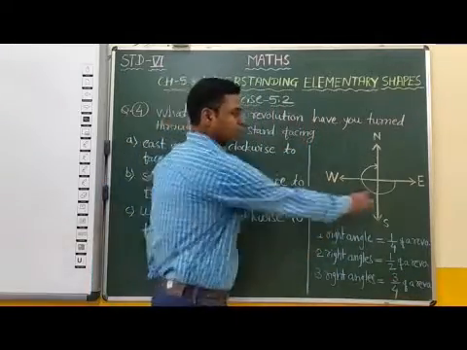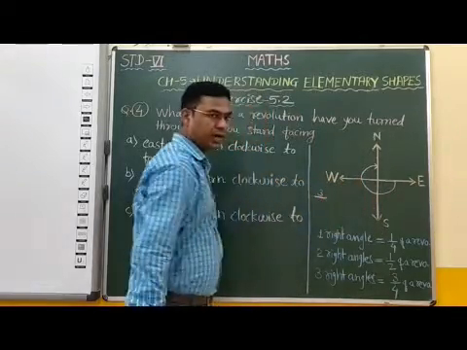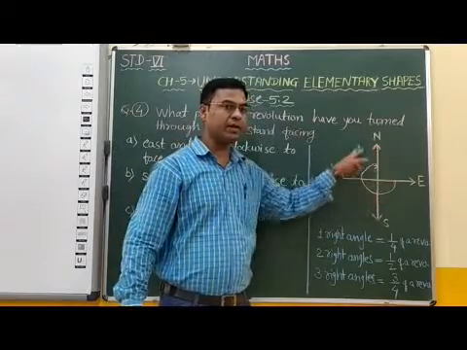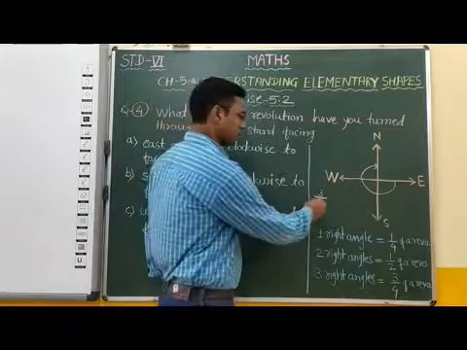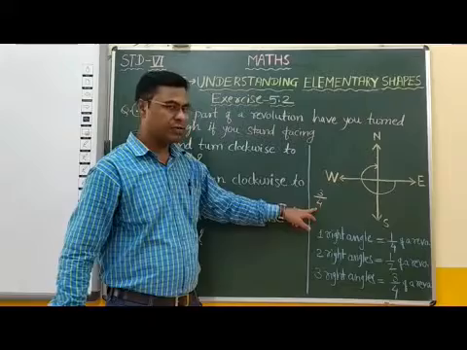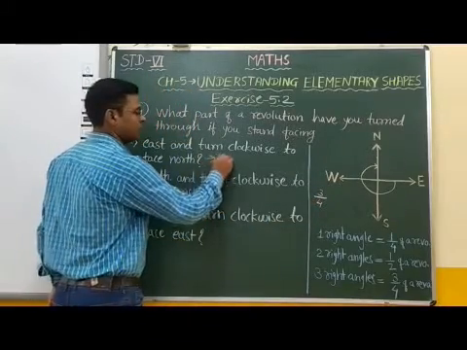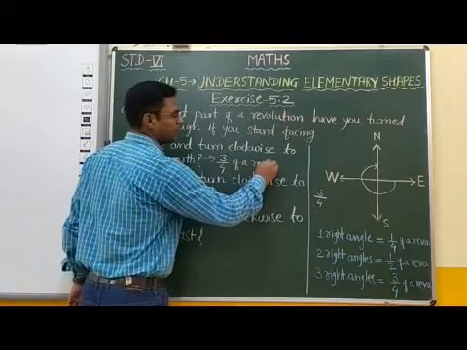Here three right angles, therefore in the numerator 3, and in one complete revolution there are 4 right angles. Therefore, in the denominator we write 4. Therefore, the answer of this question is 3/4 of a revolution.